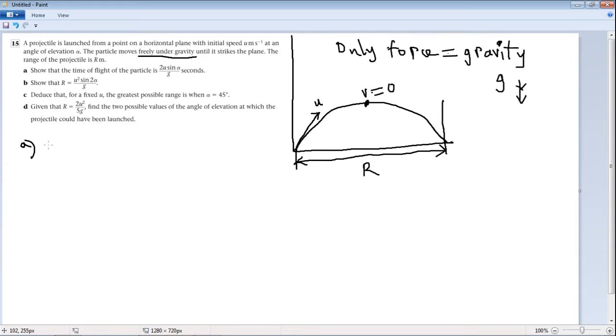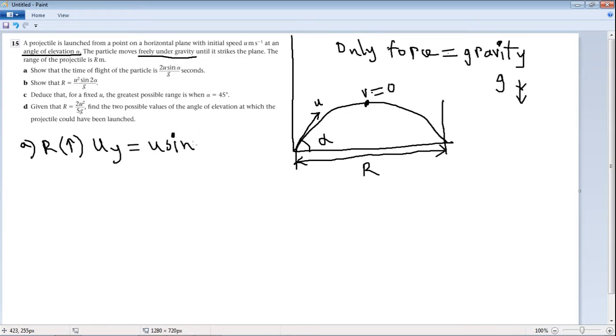Before solving A, let us resolve the given initial velocity separately. First let us resolve vertically, which is uy, which gives us u sine. We have missed one thing, another piece of information that is given here, the angle of elevation, which is also alpha.